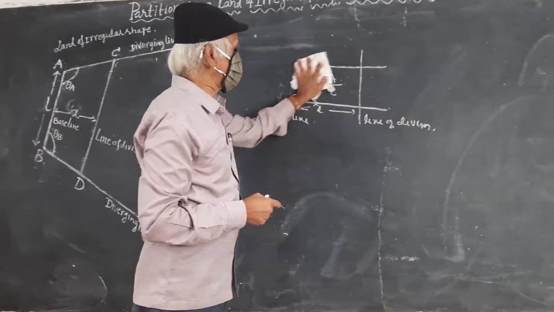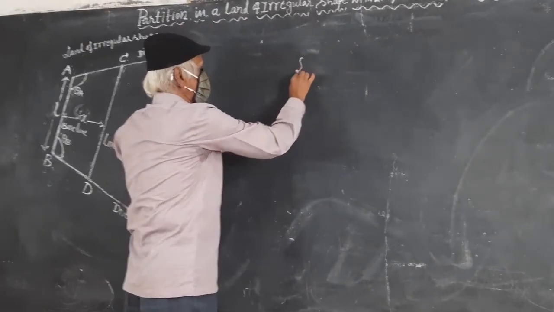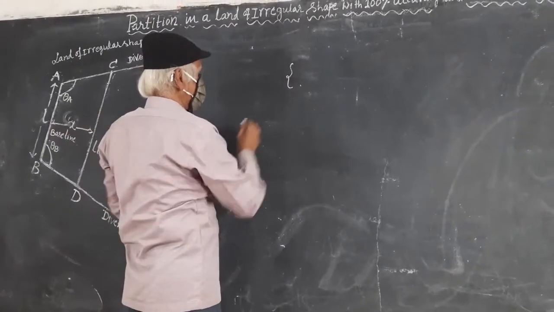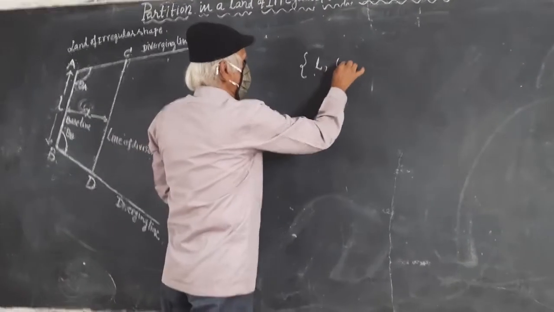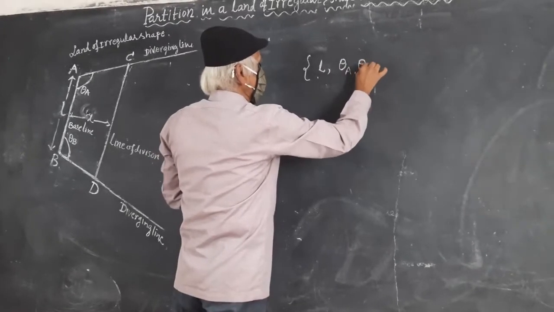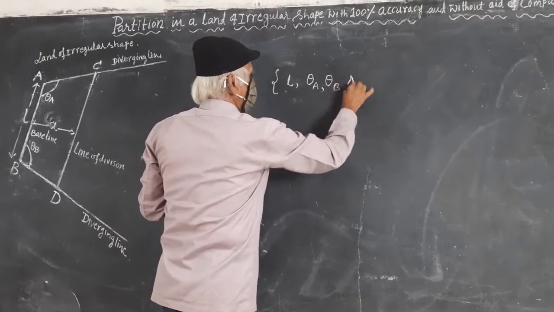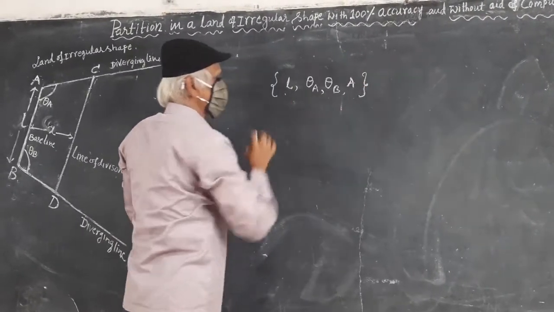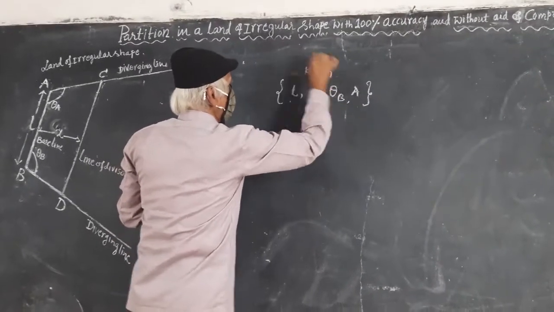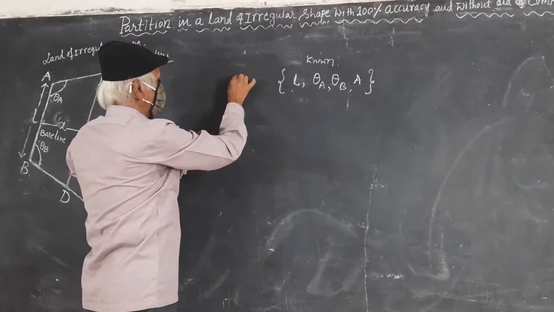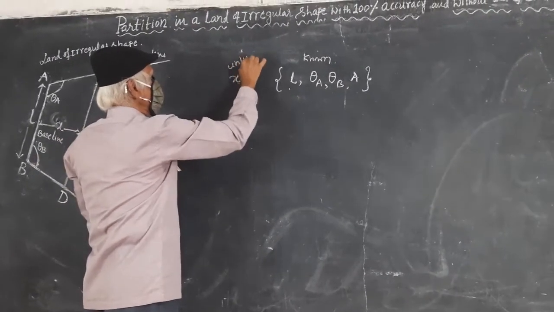Referring to this figure, it may be noted that here the length of the baseline is given. The two included angles theta A and theta B are also known. And of course, the partition area A is given. So all these quantities are known quantities, whereas x is unknown.